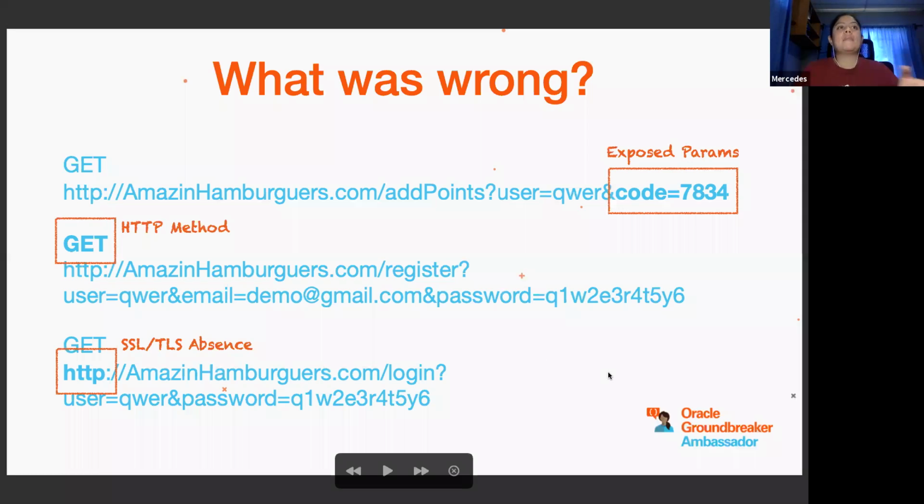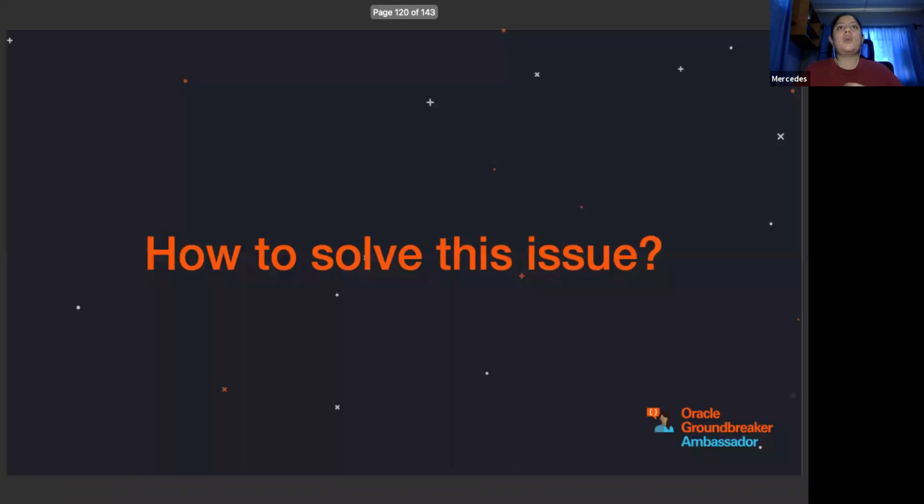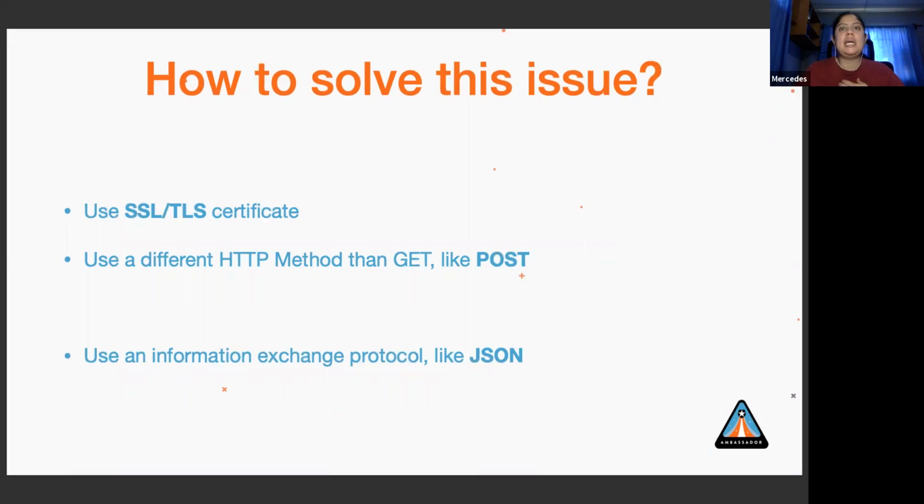So, well, this is what I was explaining. So how can we solve this? The first thing is that we need to use an SSL or TLS certification. This is something that happens on the backend side, but it affects the application directly, because the communication is between the application and the backend. We can also use something different from GET, for example POST, because when you use GET with query params, all the query params also travel exposed.